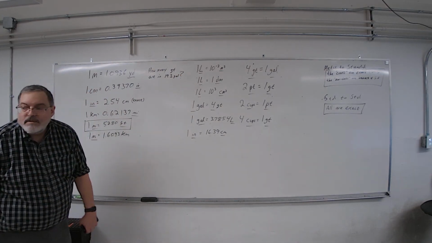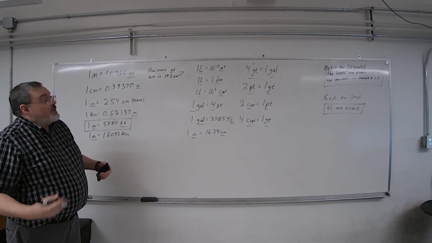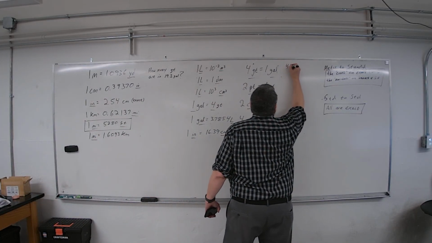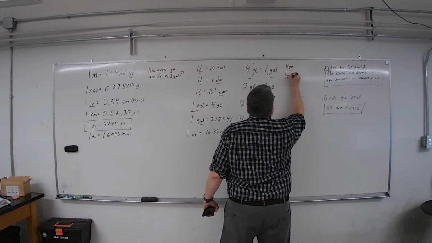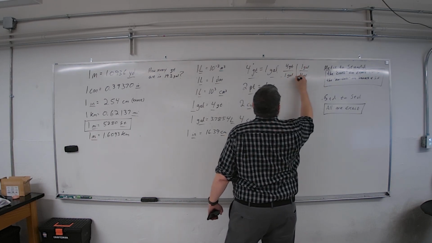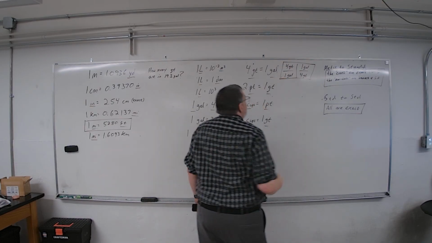How many quarts are in 19.3 gallons? You need quarts to gallons. That's this. And you're either going to go 4 quarts over 1 gallon, or you're going to go 1 gallon over 4 quarts. It's going to be one of those.